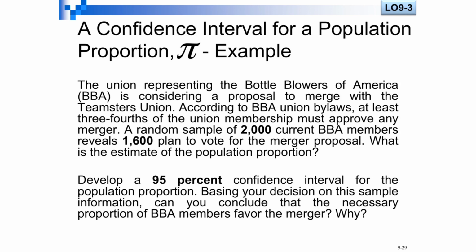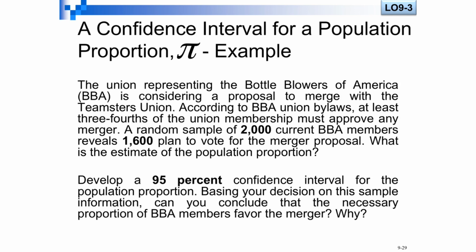According to the BBA union bylaws, at least 3/4, it means 75%, of the union membership must approve. A random sample of 2,000 current BBA members revealed that 1,006 plan to vote for the proposal. What is the estimate of the population proportion?